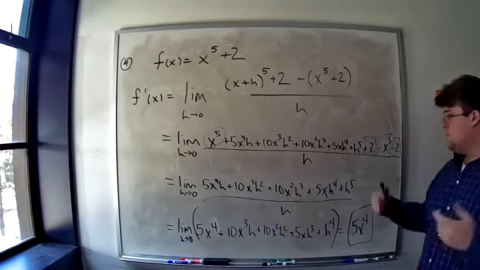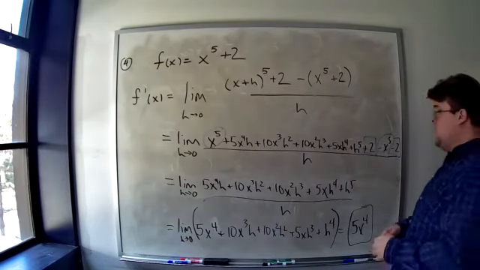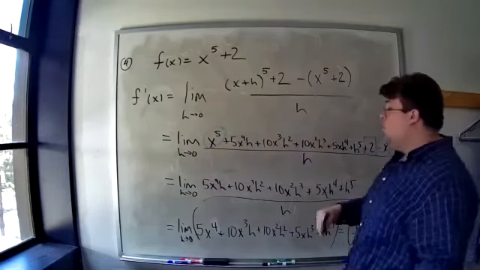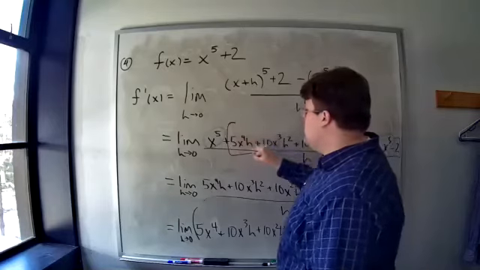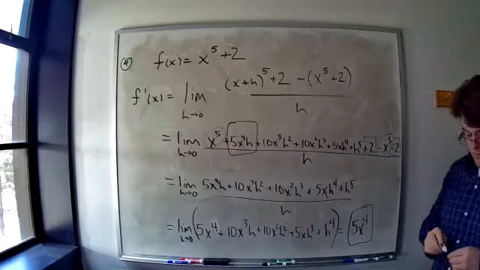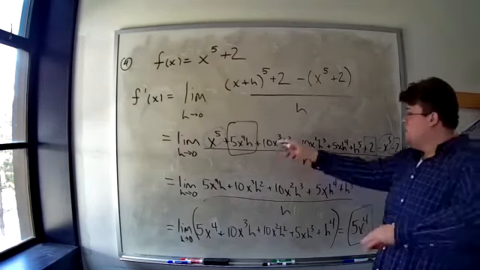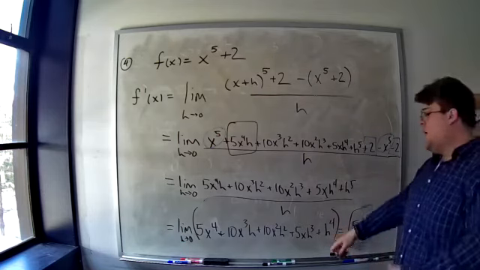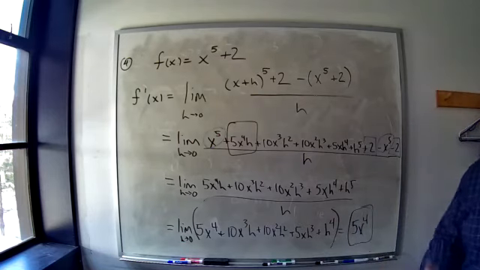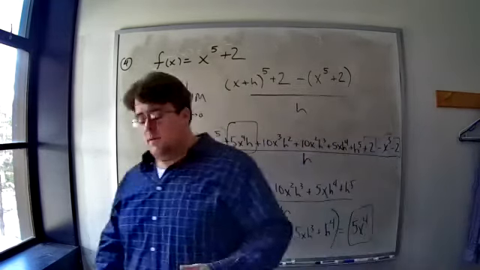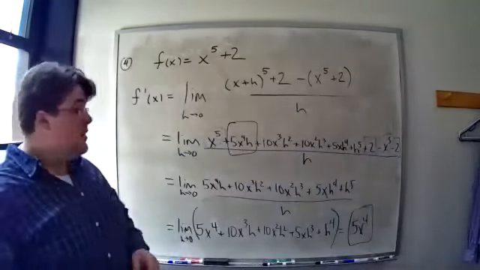So, you know, it is definitely worth observing how in this computation, the only thing that wound up mattering was that second piece. So all of these other things that we expanded using Pascal's triangle went away in the limit. And that'll be a useful observation for a proof we do next week, where we talk about some algebraic ways we can compute the derivative.